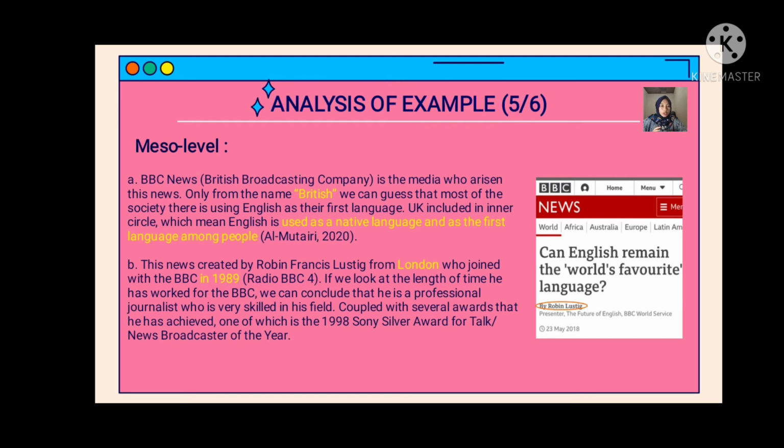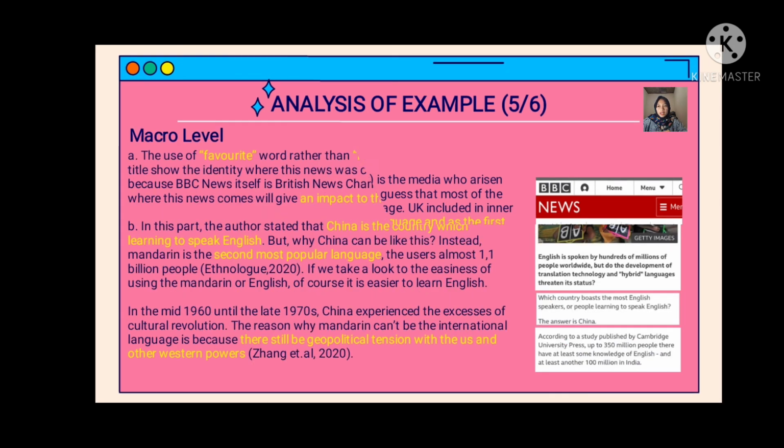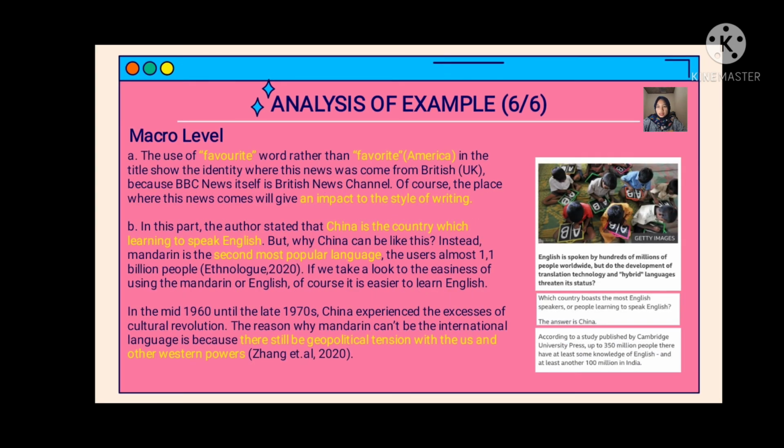So here we can analyze the actor or the publisher of the news itself, and we analyze the background of their personality or ideology or history, something like that. And then the next, this news was created by Robin Francis Lustig from London, who joined the BBC in 1989, on Radio BBC 4.